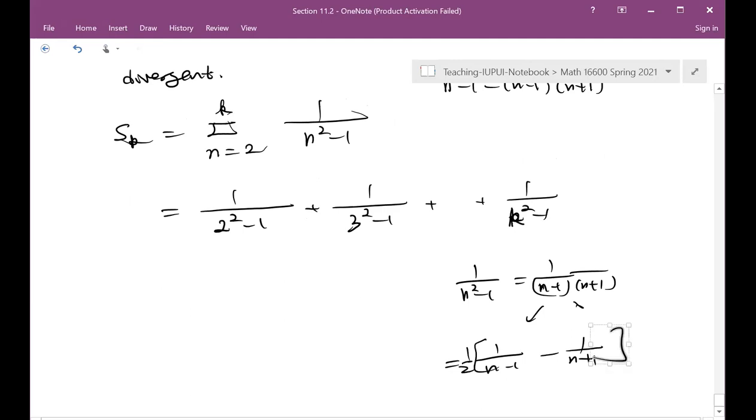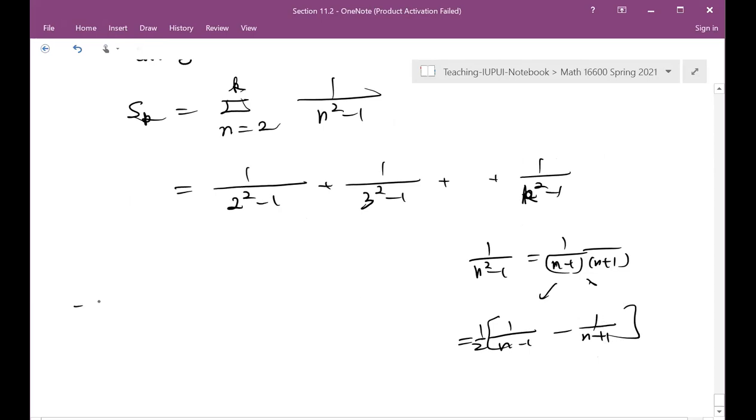So I will get the first term, 1 minus, when n is 2, 2 plus 1 is 3. That's the first term. And then it's 1/2 minus a quarter. The difference between those two integers will be 2.